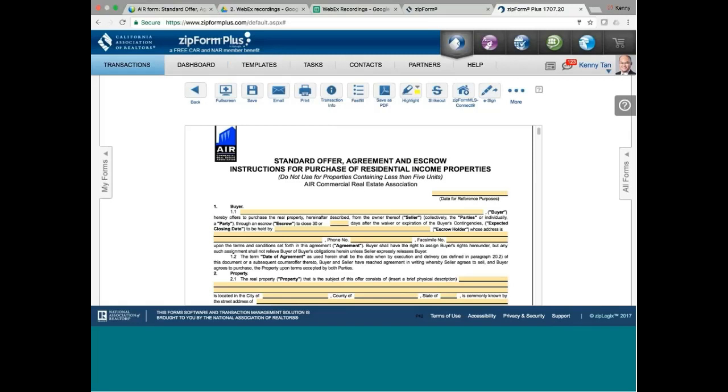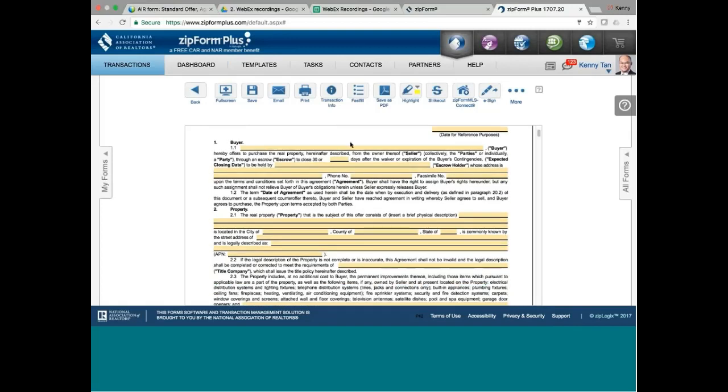All right. And of course, you put in the buyer's name here. Now, keep in mind the AIR form is very different from the CAR form. One of the big differences has to do with close of escrow. The AIR form is designed in such a way that the close of escrow date is relative to the expiration of the contingency date.